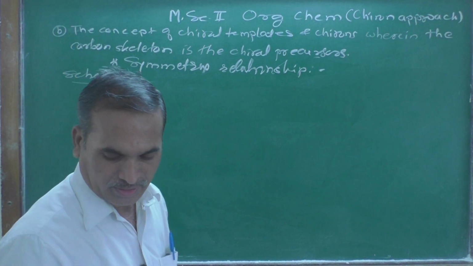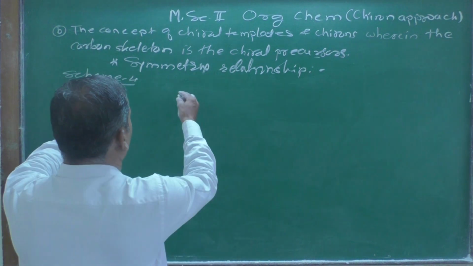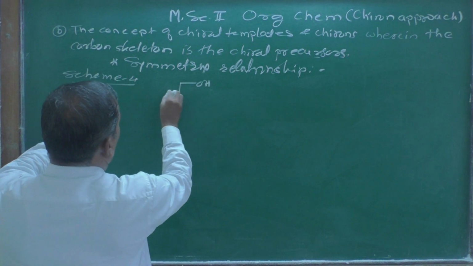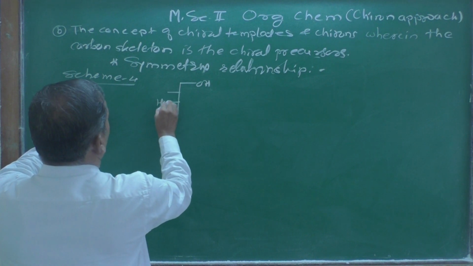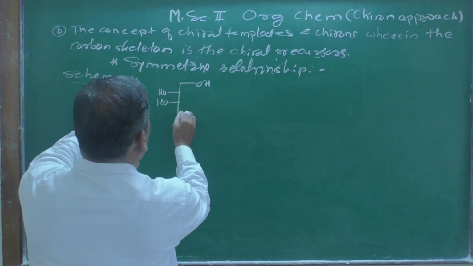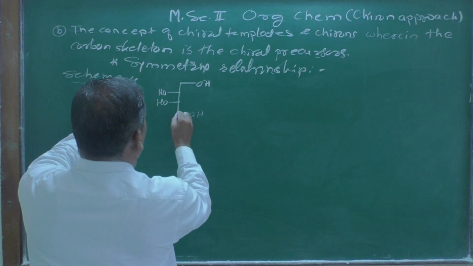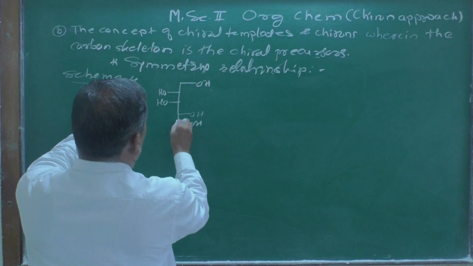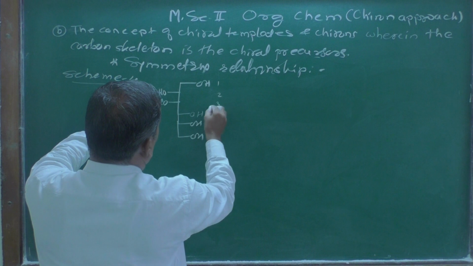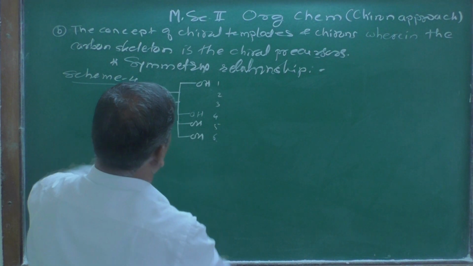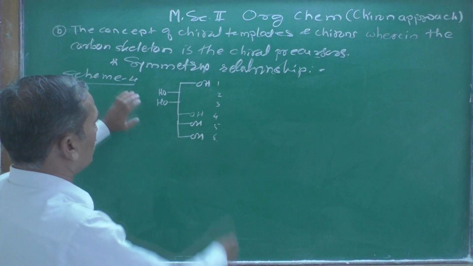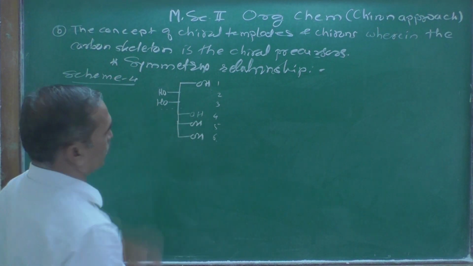This one has OH on this side and 2 OH on the left-hand side, again 3 OH, here OH, again OH, and this OH. Look here, 1, 2, 3, 4, 5 and 6. Look, here is a symmetry. Carbon-carbon single bond you can rotate here, so you will get a symmetry over there.